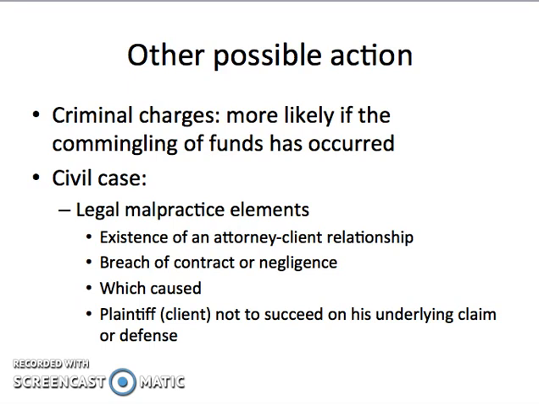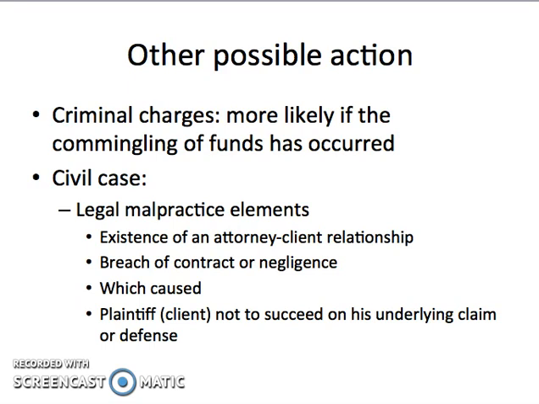But then you have to prove either breach of contract or negligence. And you have to prove that it in fact caused the client not to succeed on his or her underlying claim or defense. So you have to prove that breach of contract or that negligence, whatever the attorney did or failed to do, is what actually caused the client to lose that underlying case.